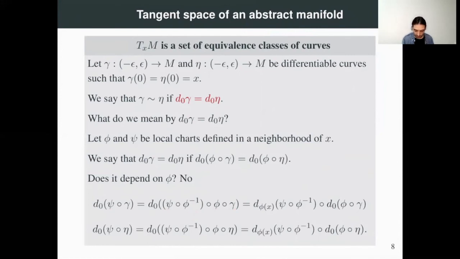And now all this map over here and this one are maps between Euclidean spaces. So we can apply the chain rule, and we apply it at 0. And we get that the differential of gamma composed with psi at 0 is going to be the differential of gamma composed with phi at 0, composed with the differential of the coordinate change at this point, psi(x).